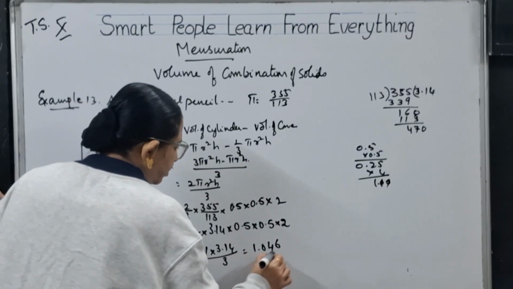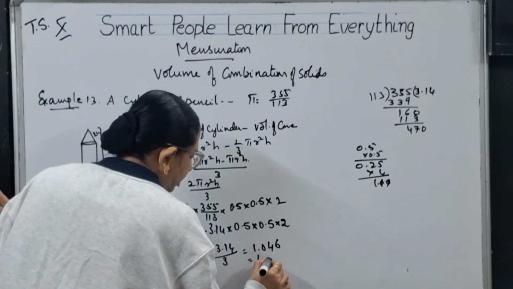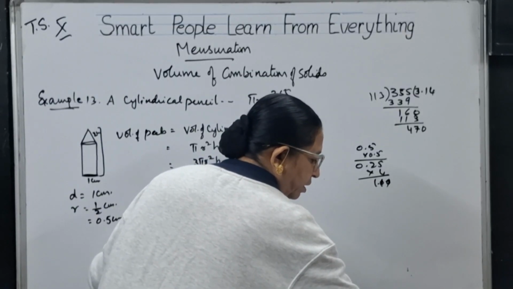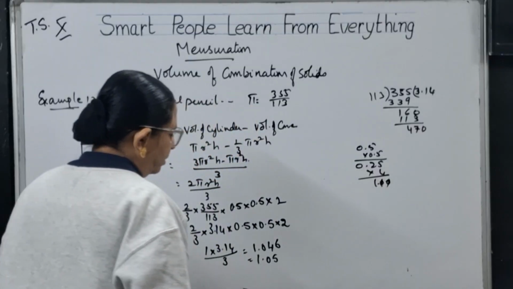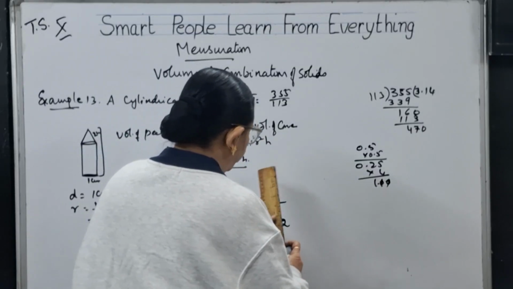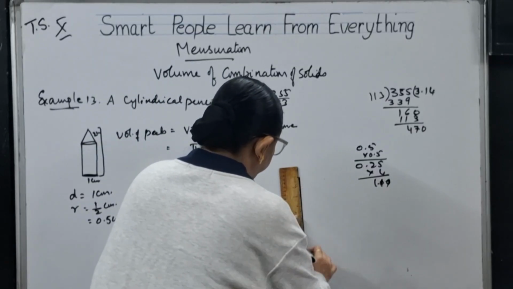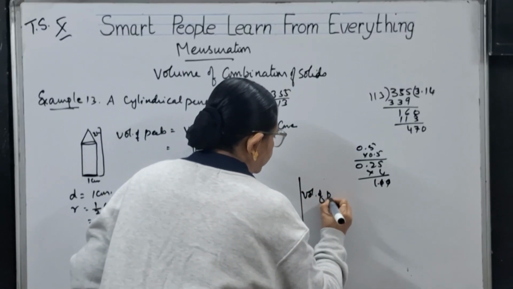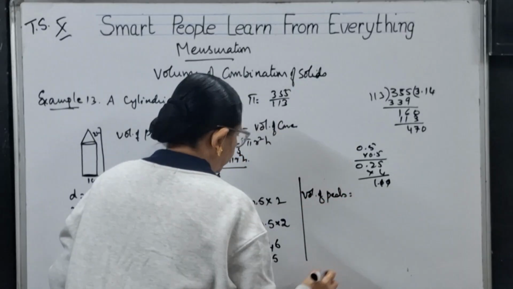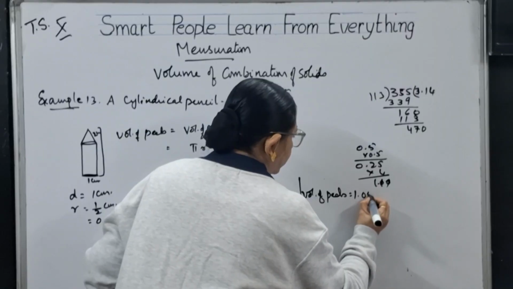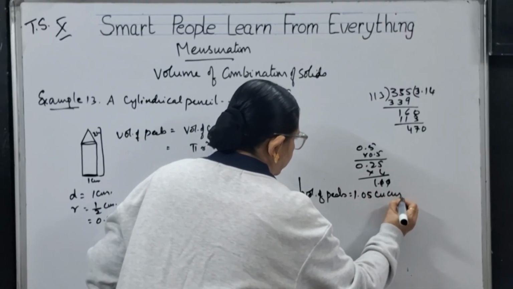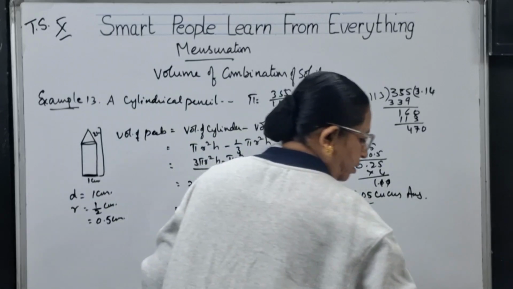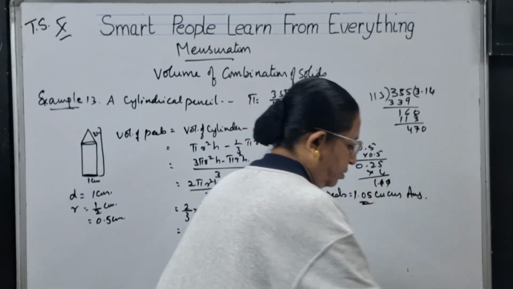So we can take approximately 1.05 because the question is asking correct up to 2 decimal places. So volume of peels is equal to 1.05 cubic centimeters is the answer, children. Please note it down.